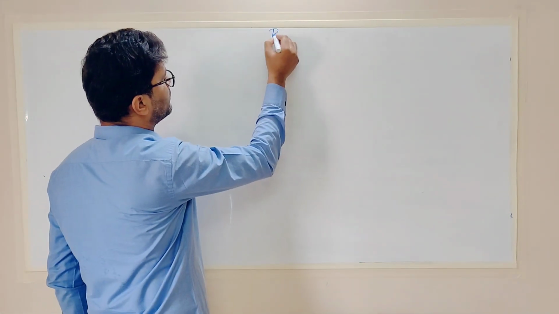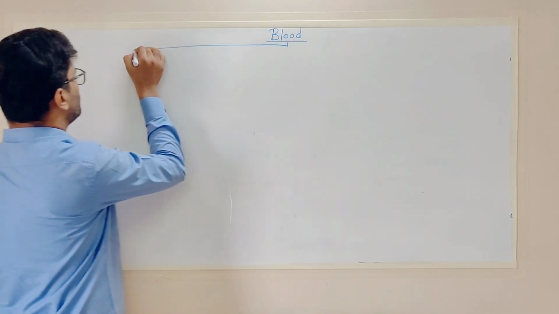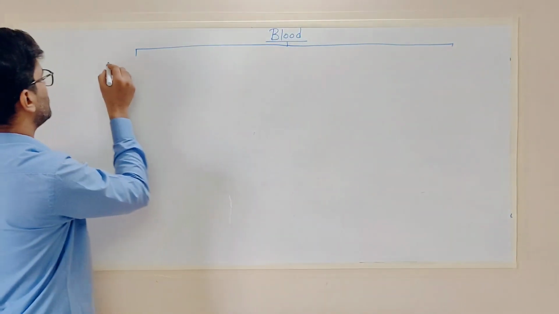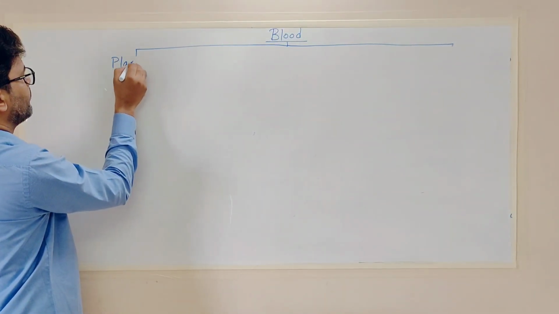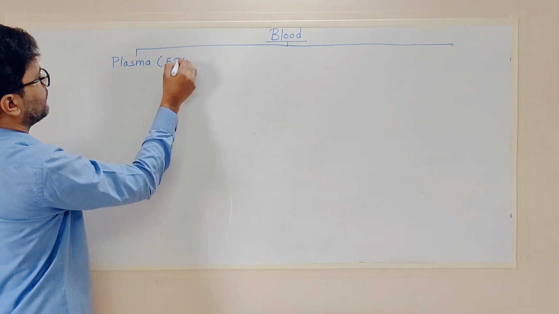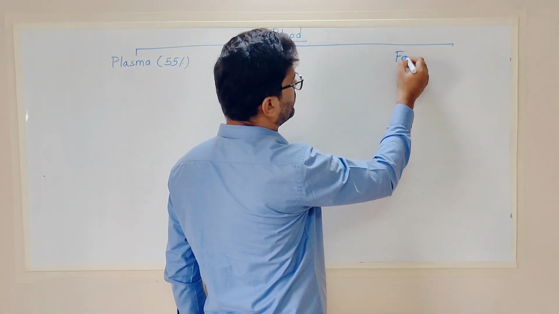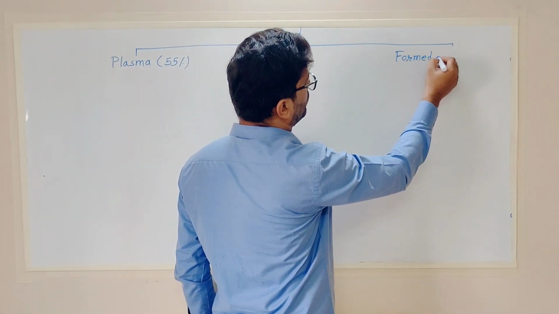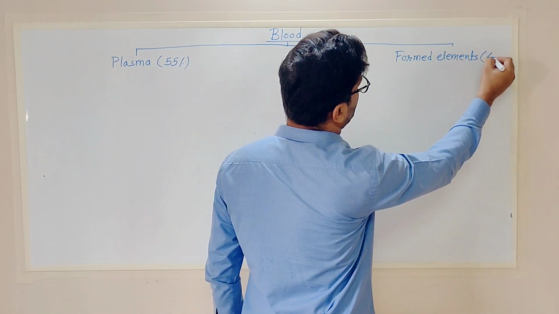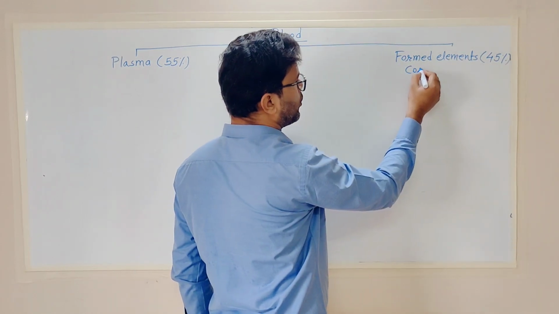Now we will discuss the components of blood. The first component is plasma, which is 55% of the blood, and the formed elements are 45% of the blood. They are also called corpuscles.